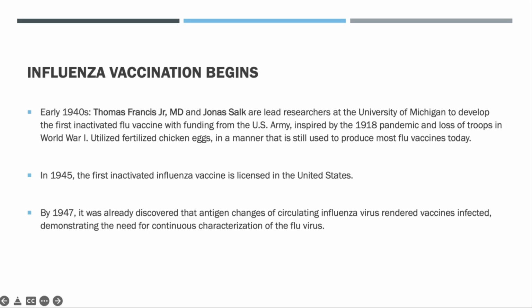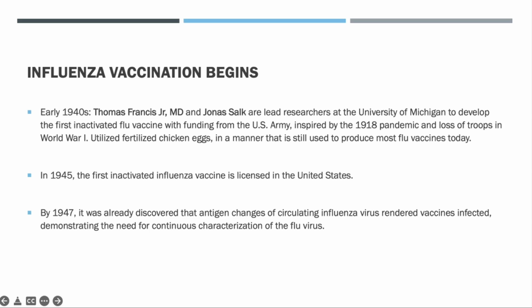A lot of this was inspired by the 1918 pandemic and the loss of troops during World War I. They utilized fertilized chicken eggs in a manner that's still used to produce many of our flu vaccines today.